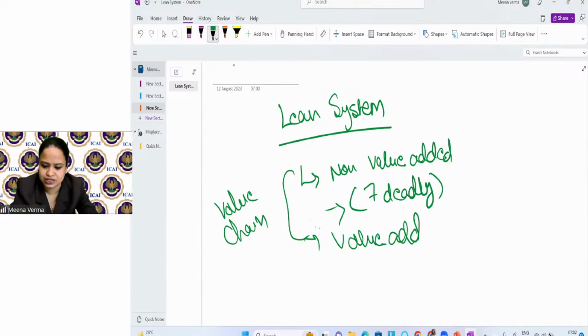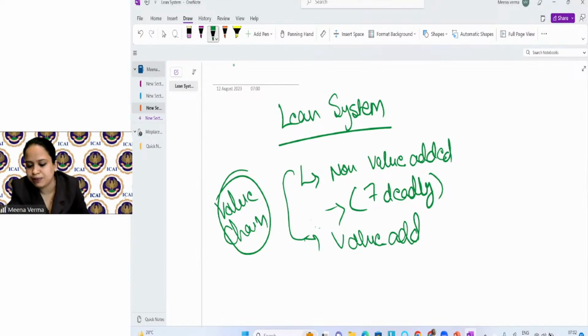We studied all these things in chapter 1, and then we studied the same thing in chapter 2. So you can see we are actually repeating the same thing again and again.